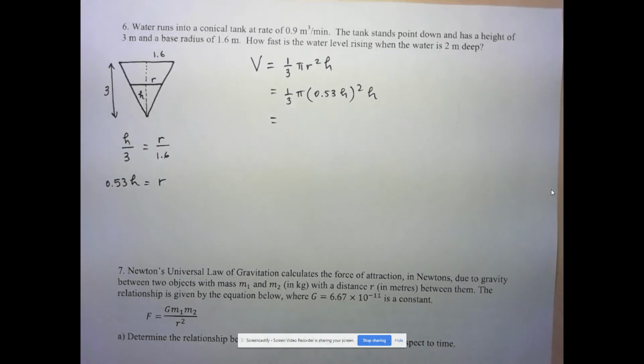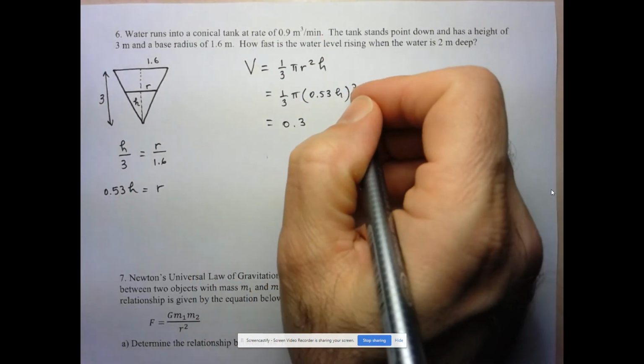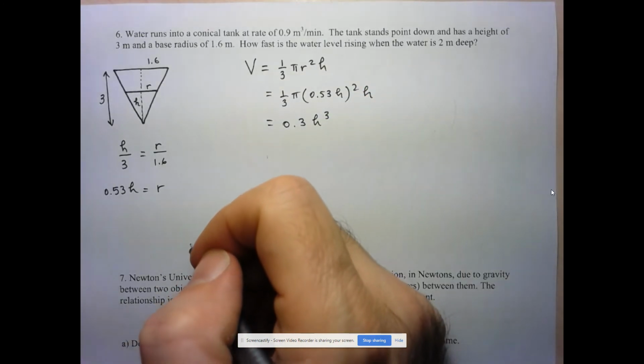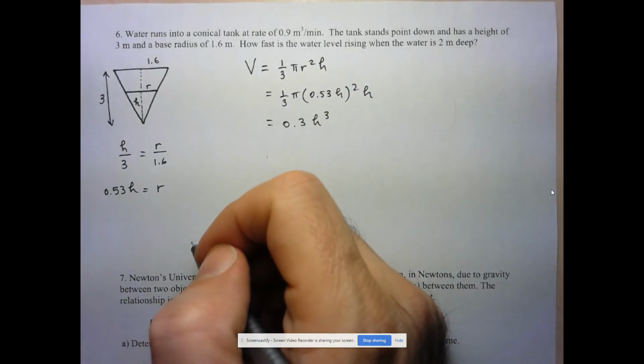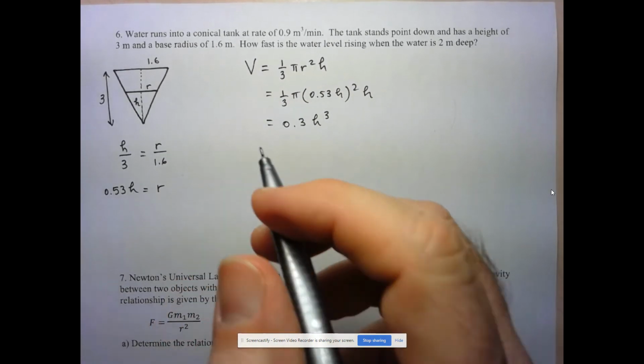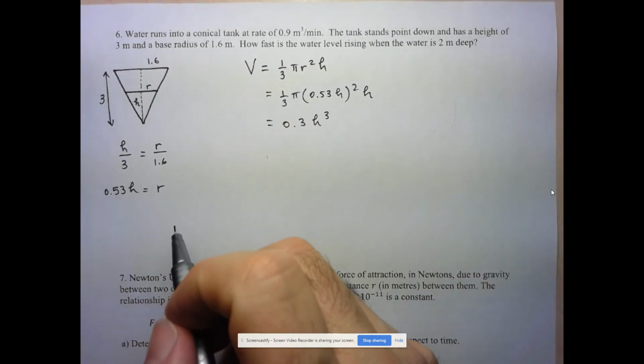So in the end, I'm left with 0.3, and h squared times h is h cubed. So there's my equation that relates height to volume in this circumstance.